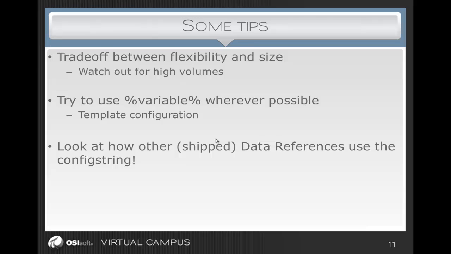If you use those variables, those templates, you can use those in AF templates, and that basically means that not every data reference will have its own individual configuration, but the AF attribute template will have the configuration. So this is a big win when dealing with those volumes of config strings.